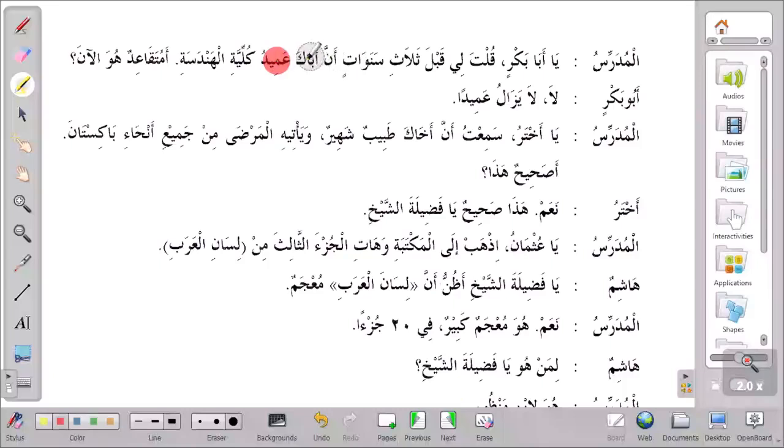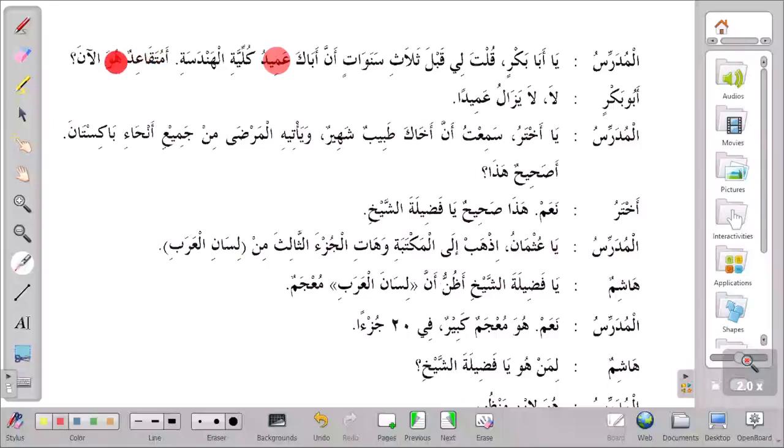Here, anna is a harf from the adatul nasb. This abaka is initially abuka, but when it is mansub it becomes abaka, from abu to aba, because of the anna. So he says that he heard that he is a dean of the College of Engineering.